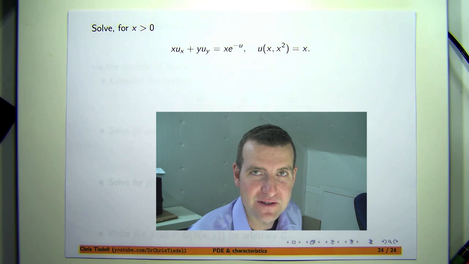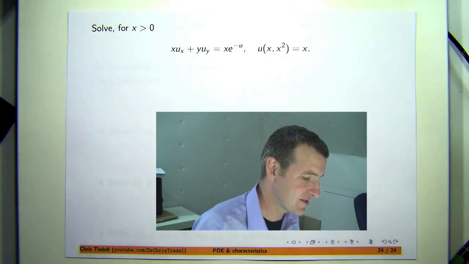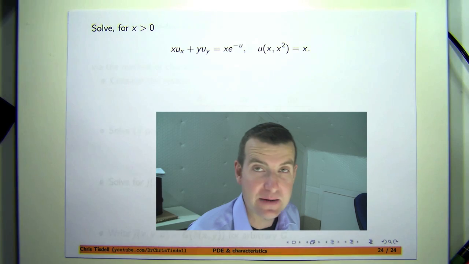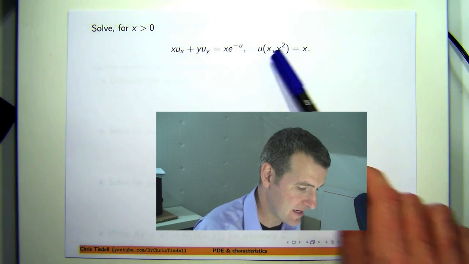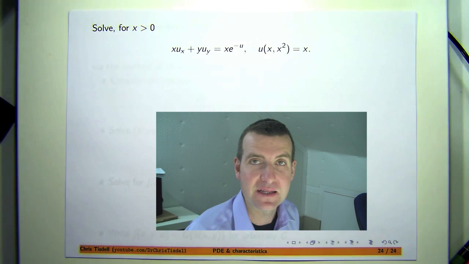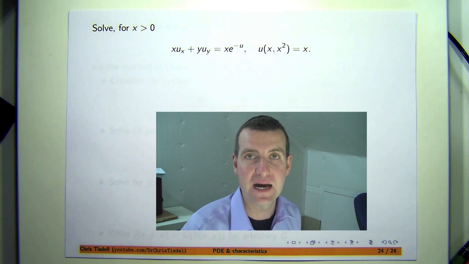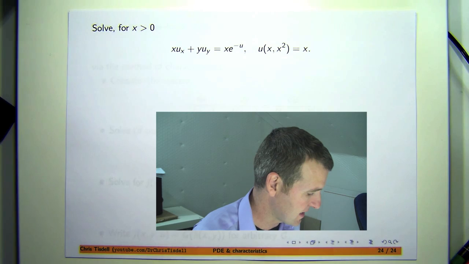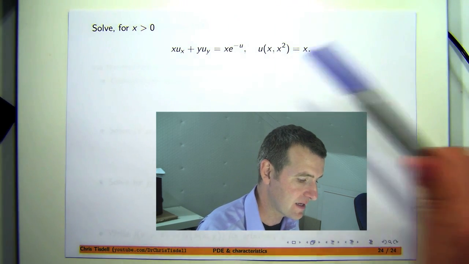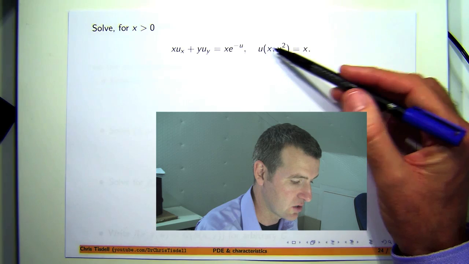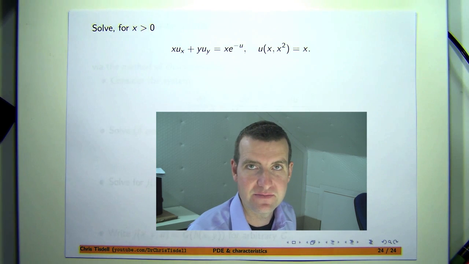Here, the PDE is a semilinear problem, and we have some Cauchy data associated with it. Now notice that this isn't exactly the same style as the Cauchy data that were in earlier slides, but this is still known as a Cauchy problem. So basically along the line y equals x squared, the solution u is x.